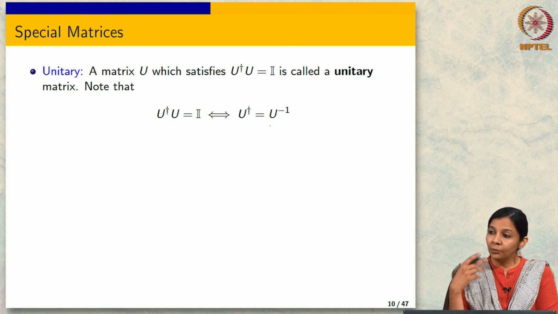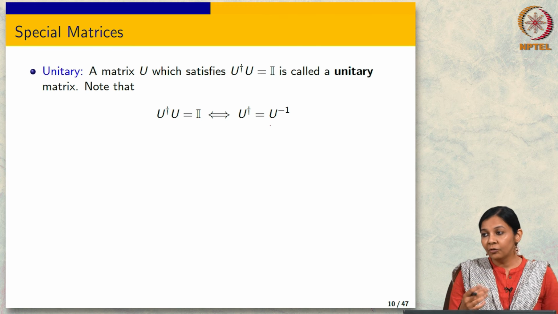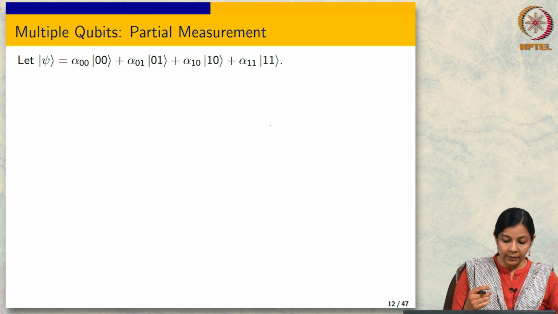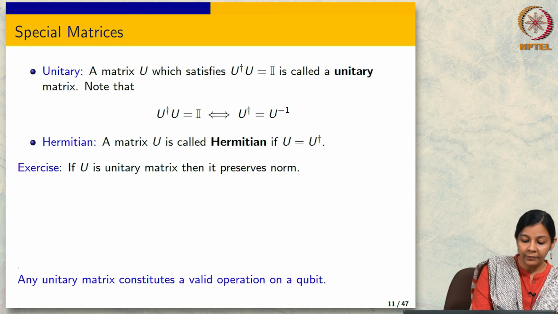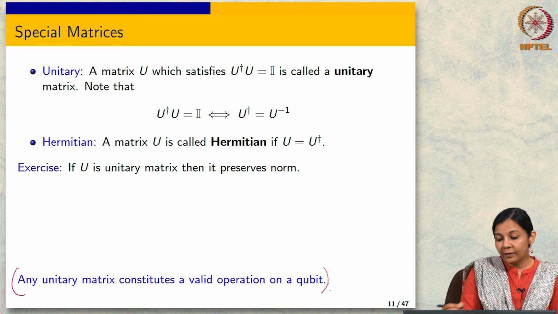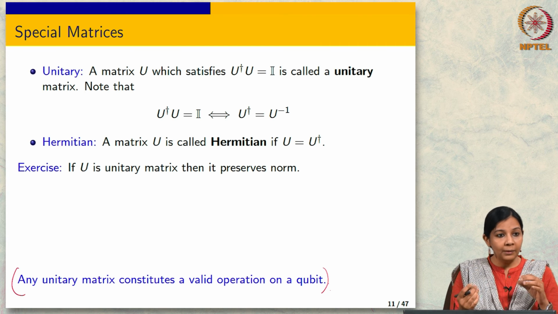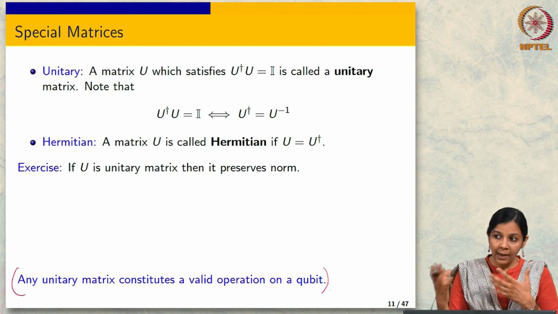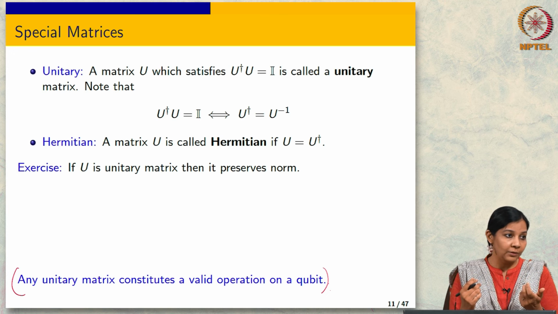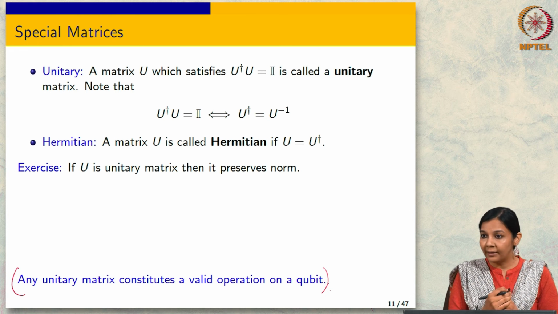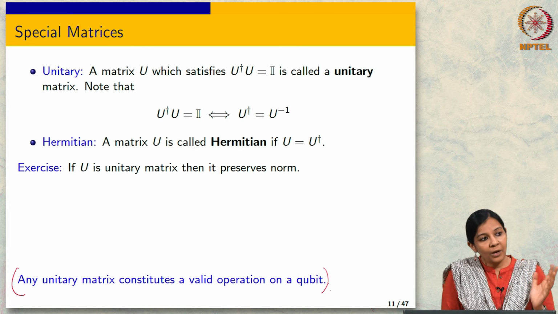And unitary matrices are going to play a very important role for us. It will turn out that any unitary matrix corresponds to a valid operation on a qubit. So we already saw that a valid operation can be represented using a unitary matrix, and any unitary matrix is also a valid operation. So this is very cool already, right.